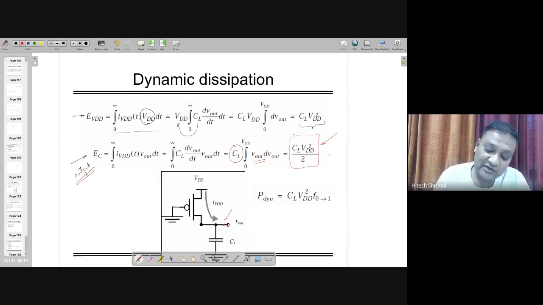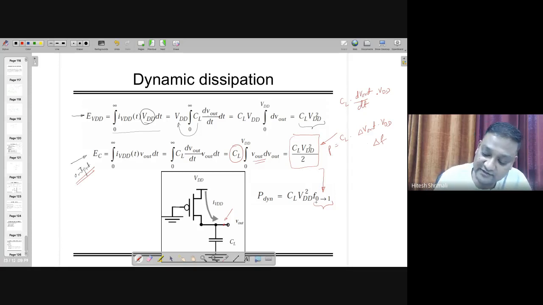But this is only the energy. If you're looking at the power, you can see that it's not only CL and VDD, but it also depends on the frequency. Or you can say that you have CL dVout by dt, that's n times VDD, that's the power. So if you look at this, CL delta Vout times VDD times delta F, that's the power consumption for any system.